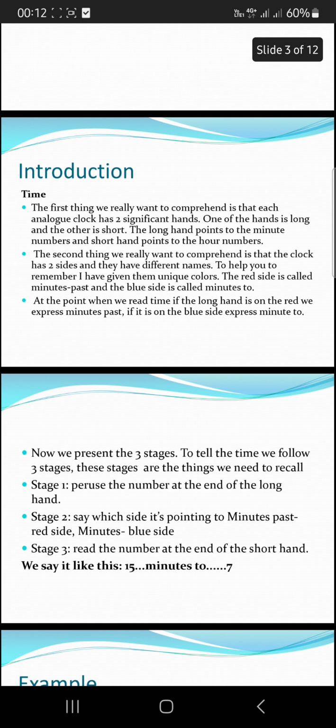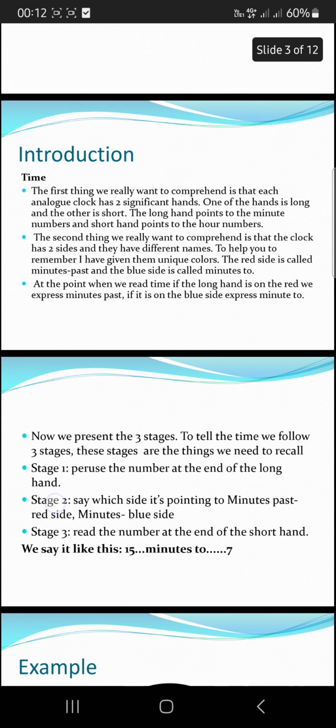The second thing we really want to understand is that the clock has two sides and they have different names. So to help you to remember, I have given them unique colors. I will show you on the next slides.